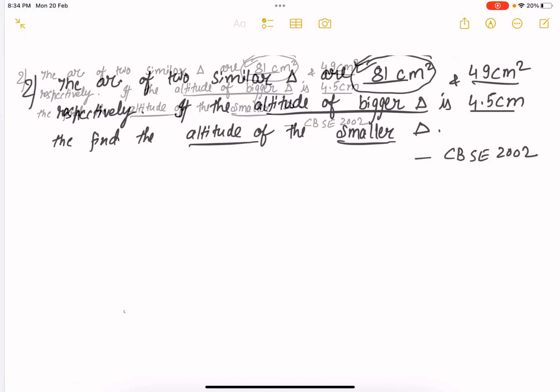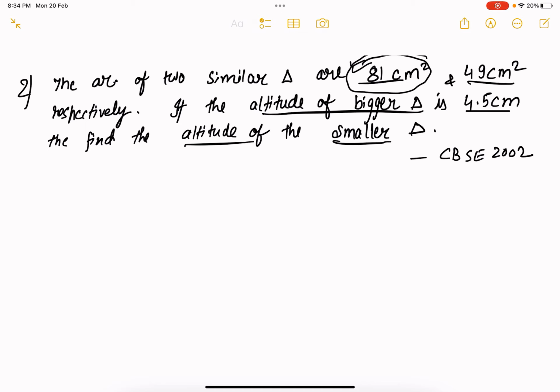In this question, the area of the similar triangles is again given. Altitude of the bigger triangle is given, and we have to find the altitude of the smaller triangle. So again, ratio of the areas of two similar triangles is equal to the square of their corresponding altitudes.